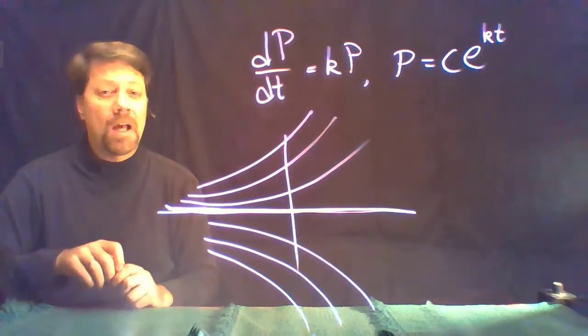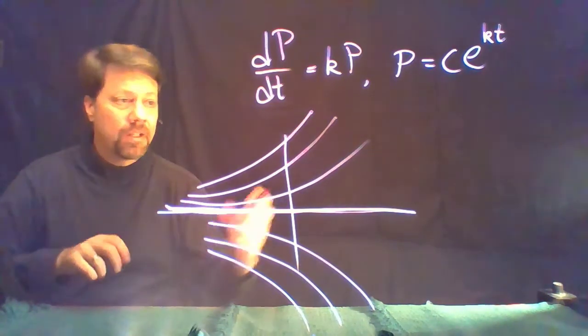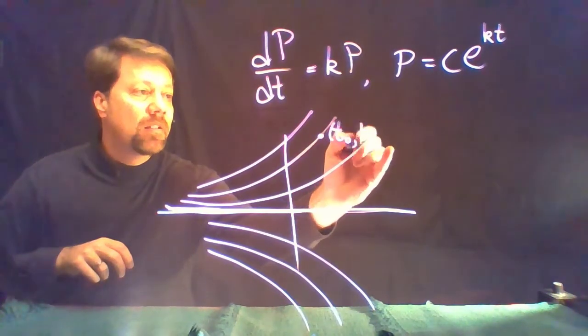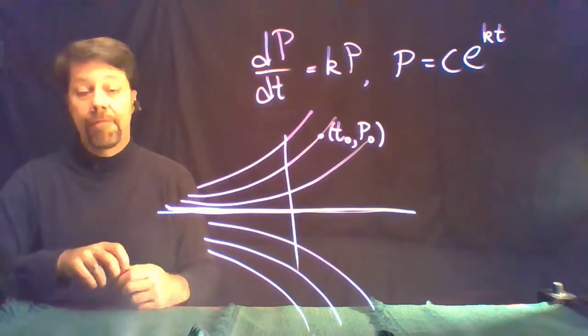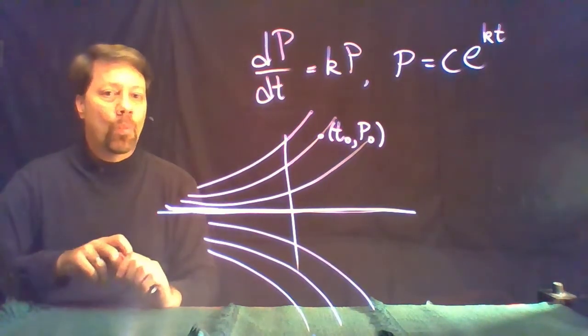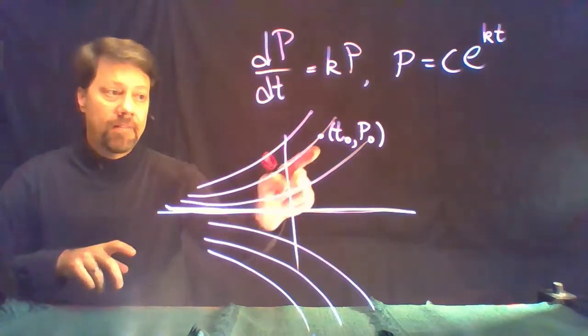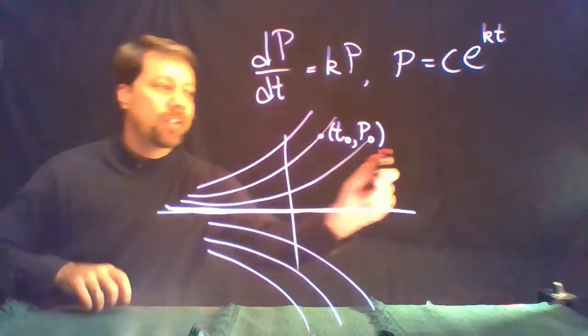To nail down one, you need one additional piece of information. In particular, you need to know maybe one point, P0, that the curve goes through. If you specify that one point, then you can pick out the one curve that solves the differential equation together with this piece of data, which is called an initial condition.